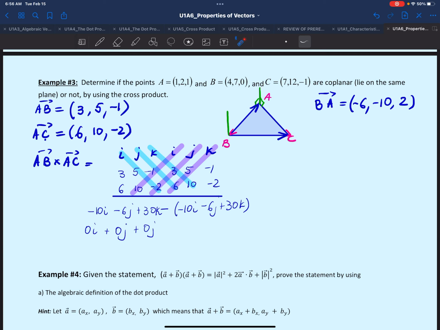Next, we'll continue with vector BC. So for vector BC, we have B to C, C is the head, B is the tail. 7 minus 4, 3. 12 minus 7, 5.